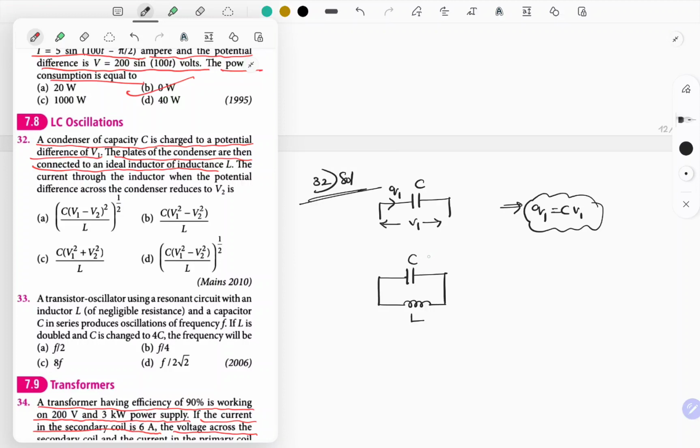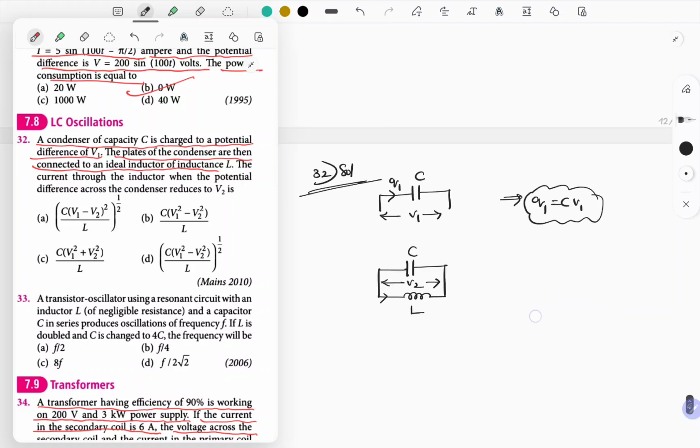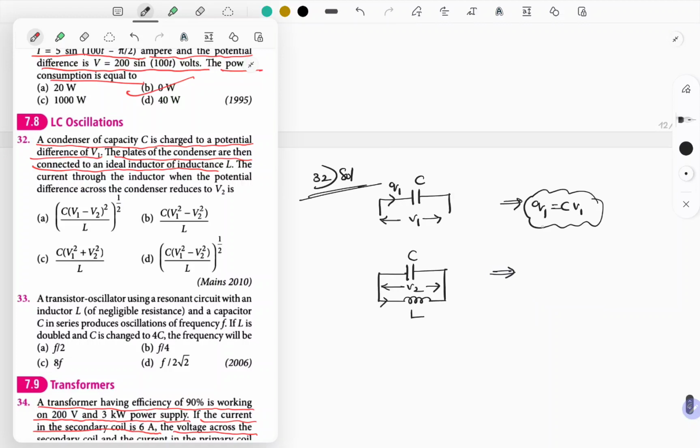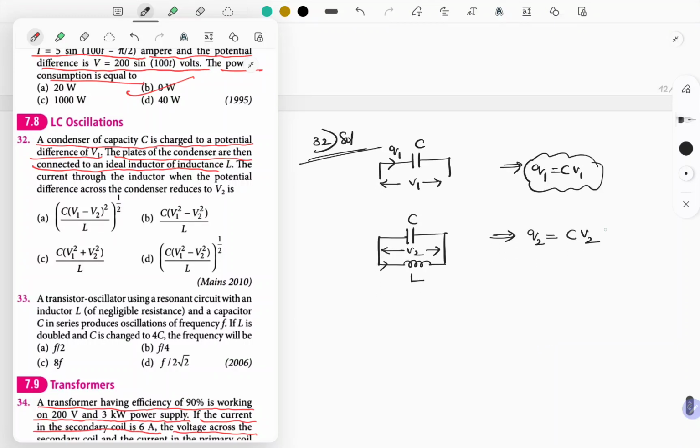The current through the inductor, when the potential difference is, let's say, V2, at this time we have to find out the current flowing through the inductor. First of all, let's find out the charge. The formula for charge, let's say Q2, is C times V2. This is the general formula.